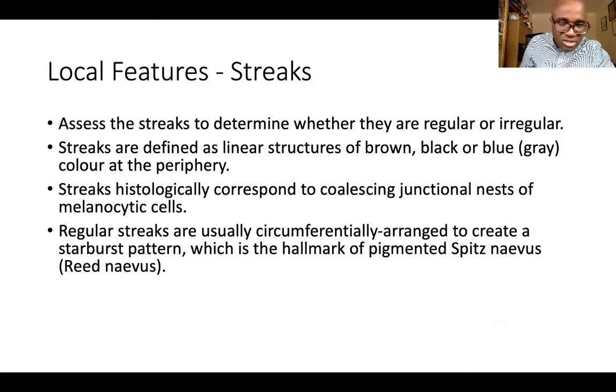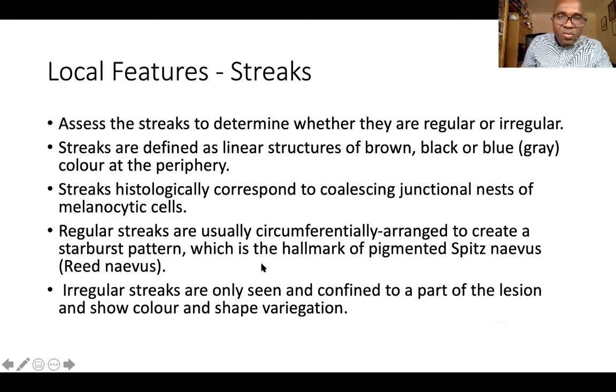Spitz nevus in children, as I said, don't have streaks or a starburst appearance, but a Reed nevus shows this starburst appearance typical of streaks. If it's irregular streaks, as I demonstrated in some of the other melanomas, then it will be confined to part of the lesion and show variegation of color and shape. So with different colors, dark, brown, when you see irregular streaks, you think of melanoma.